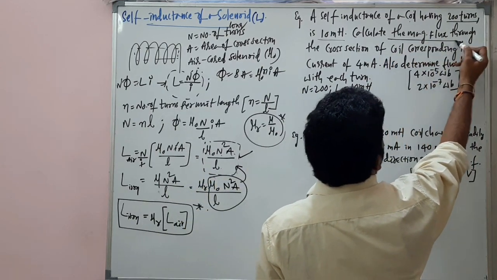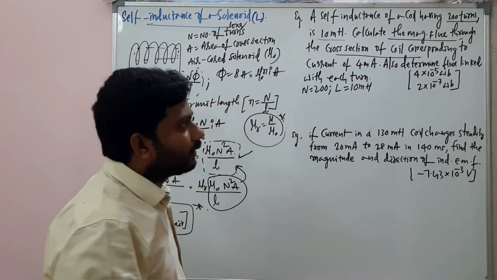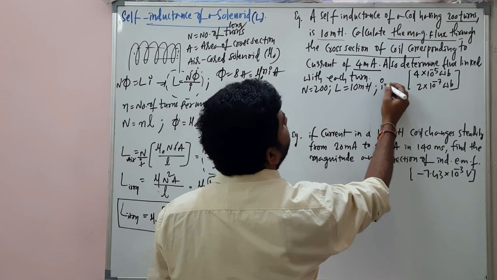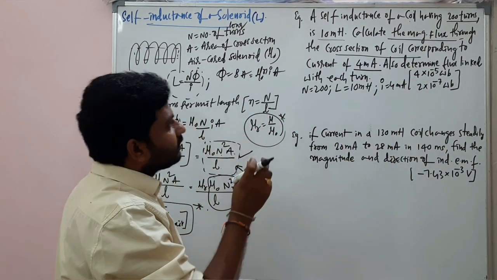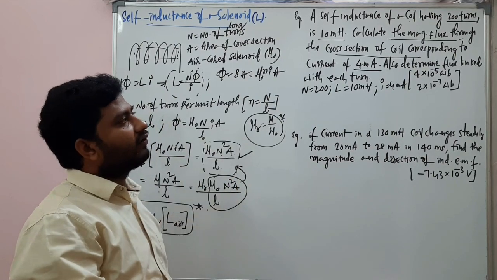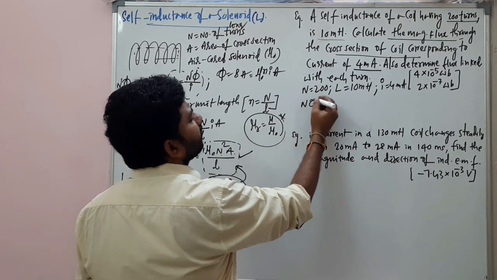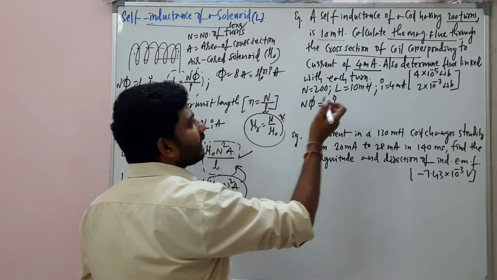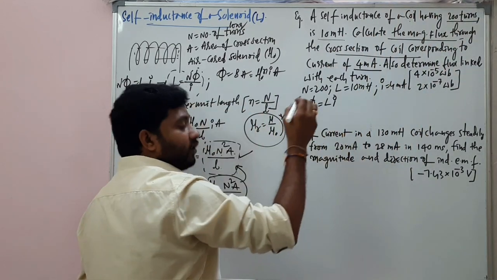Calculate the magnetic flux through the cross section of the coil corresponding to the current of 4 milliampere. We have the formula N phi is equal to L into I. So they are asking to find the total magnetic flux associated with the coil.